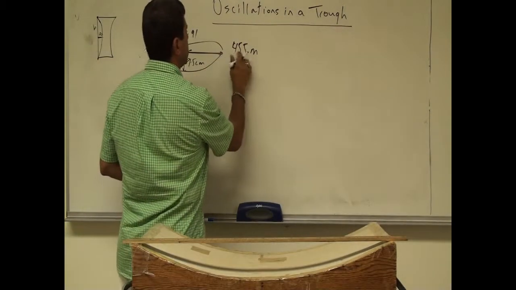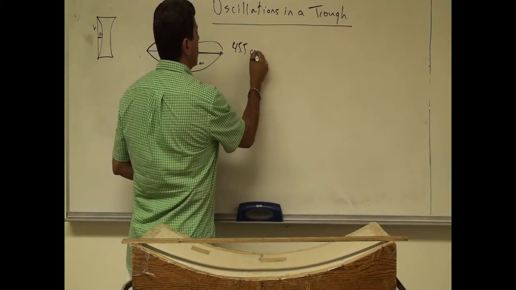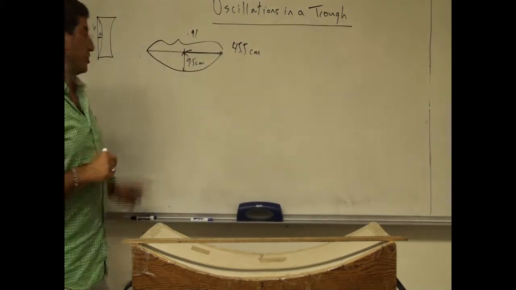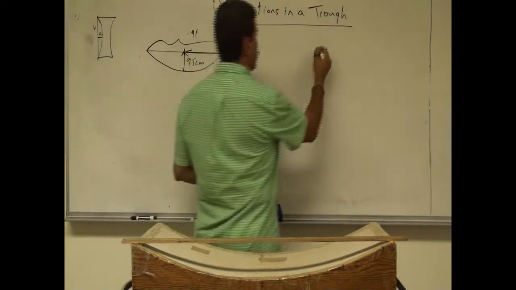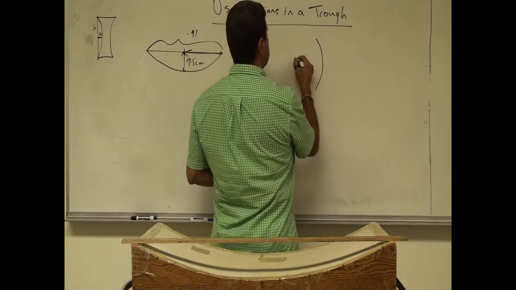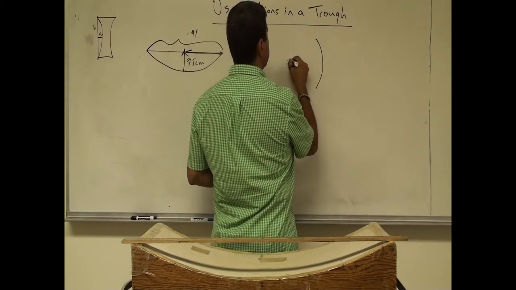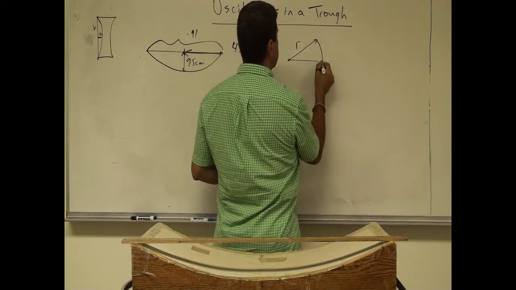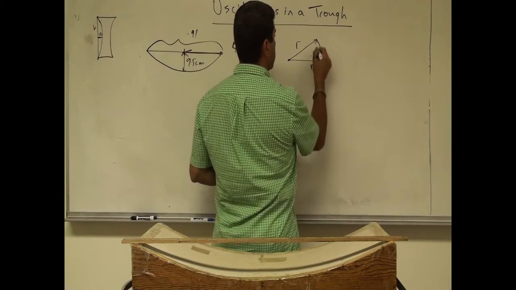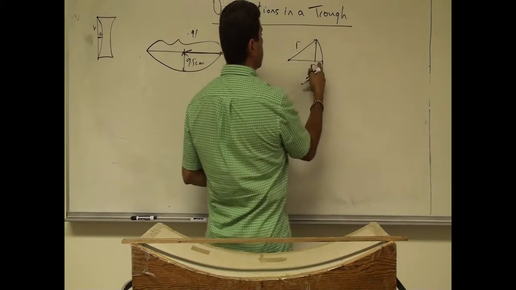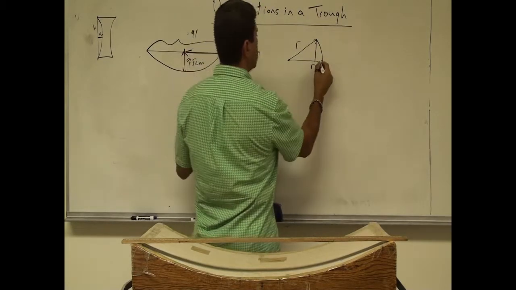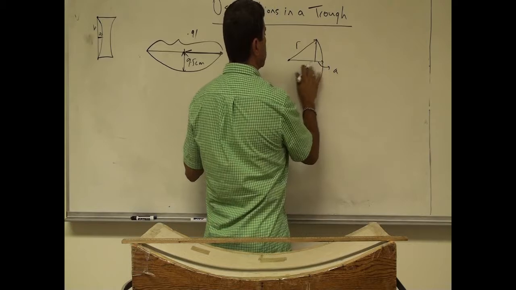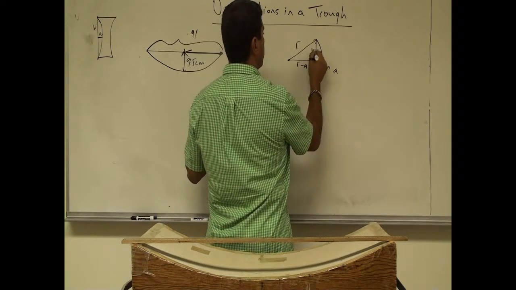So let's keep this as 45.5 centimeters. Okay, if you remember from that diverging lens equation, the radius of curvature, R, from the center of the circle to here, that's R, and then from here to here, that's going to be R also. So if I'm calling this piece here A, then this is going to be R minus A, and this I'm calling B.